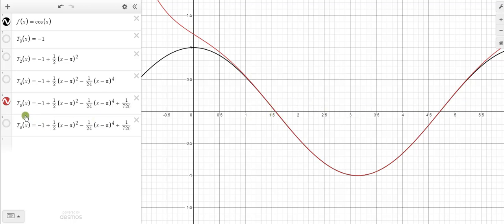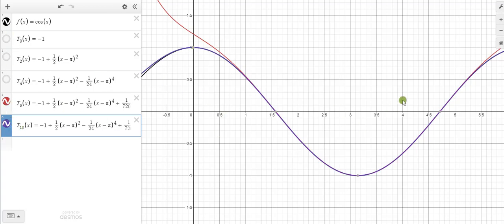And just for fun, I went ahead, actually, what did I do here? Did I do the 10th? Let me change that, folks. I did the 10th order Taylor polynomial, and I want to show you that one. I didn't ask you to come up with that, but you can see that the work is just longer, not any harder than before. And let me go ahead and sketch that graph there in purple.